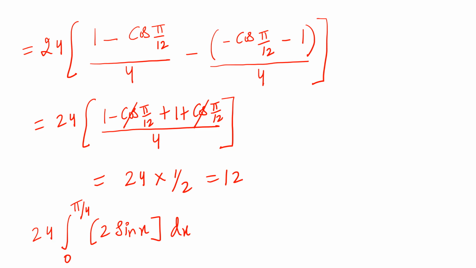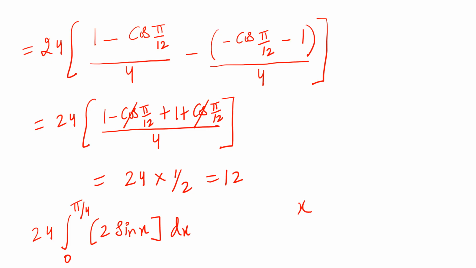Now between 0 and root 2, one such integral value is 1. That means when 2 sin x becomes equal to 1, or sin x becomes equal to 1 upon 2, or x becomes equal to pi by 6, then this integral will get broken.